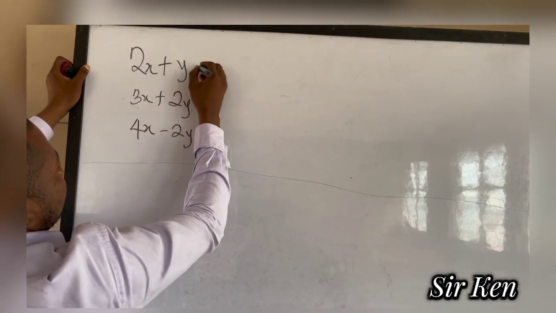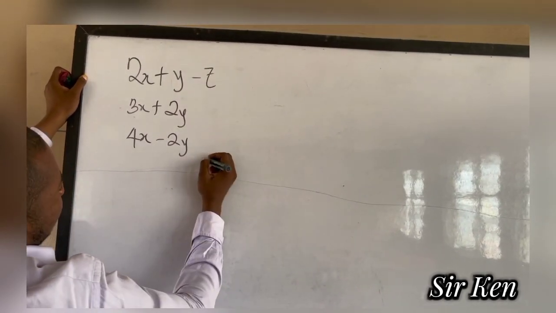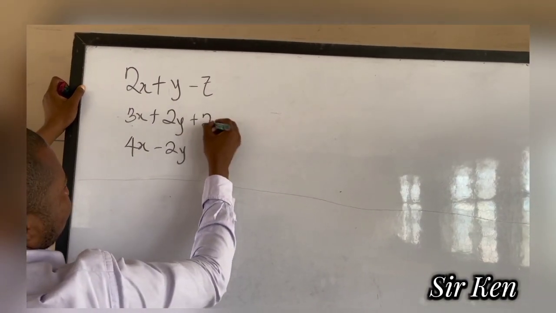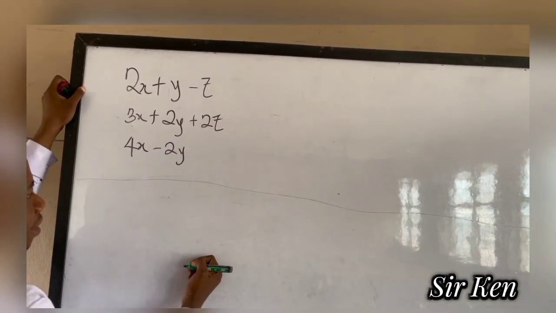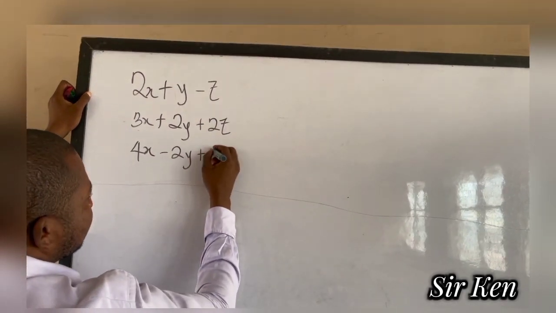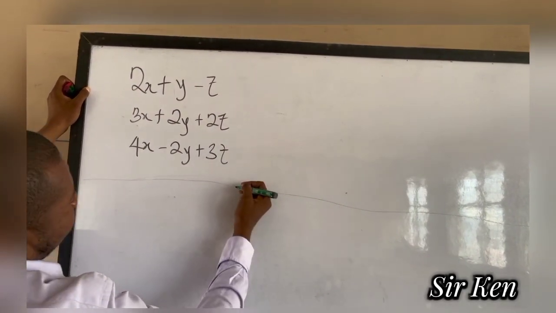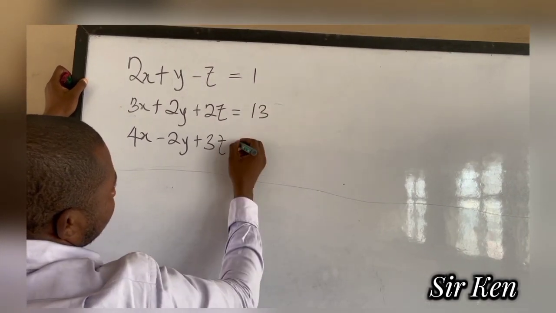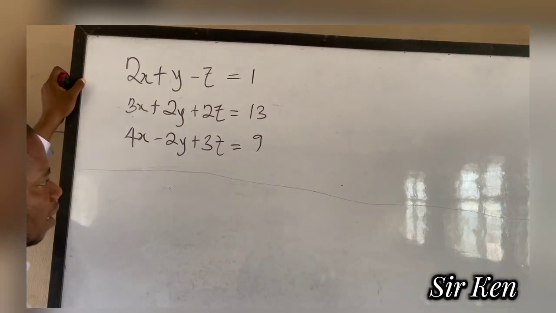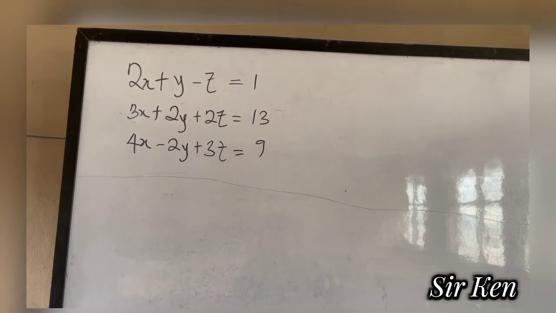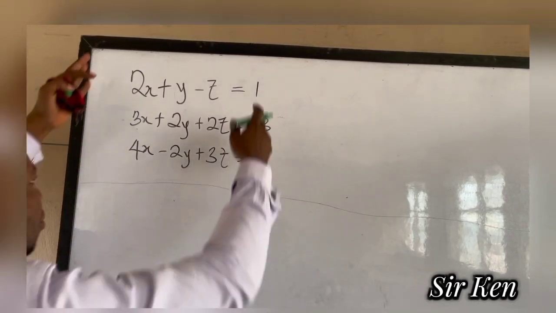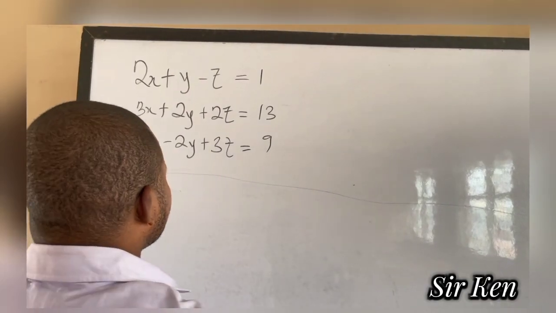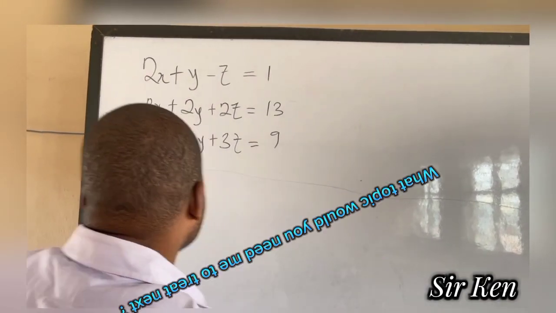That is for this side, and here we have minus z, here we have plus 2z, and here we have plus 3z, and this is giving us 1, this is giving us 13, this is giving us 9. So when you have this kind of arrangement, how do you solve this linear system using Cramer's rule?